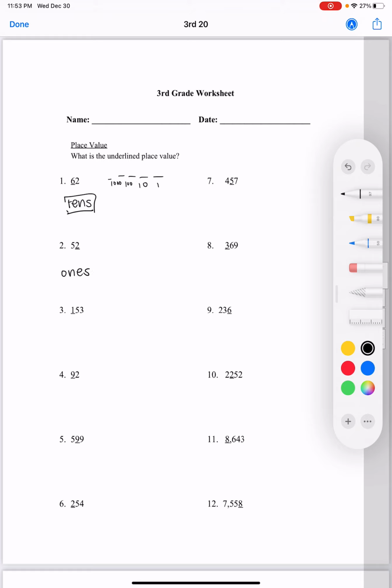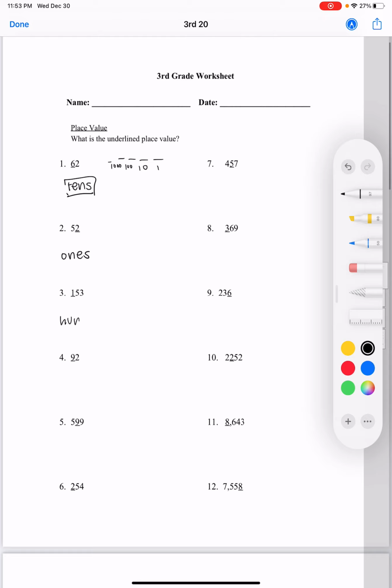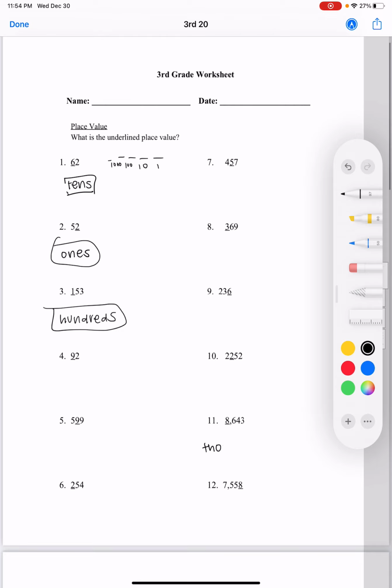Let's try number 3, where the underlined number is third from the right, so this would be hundreds. And number 11, 8,643, the 8 is underlined, which is the fourth number from the right, the number on the way left, which means that it is in the thousands place.